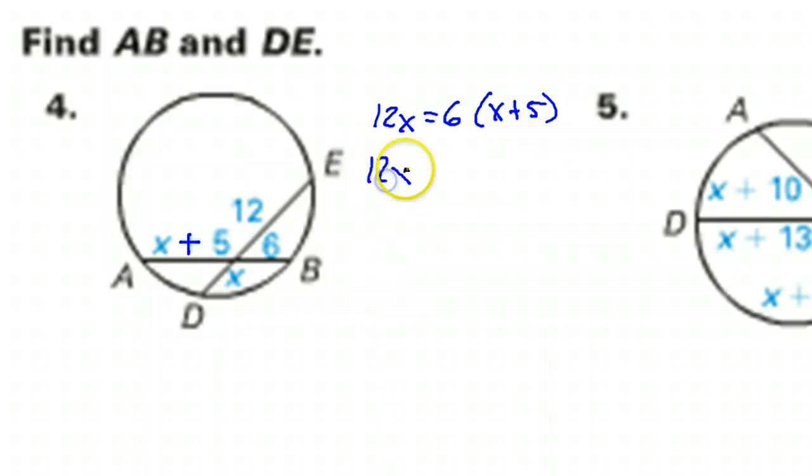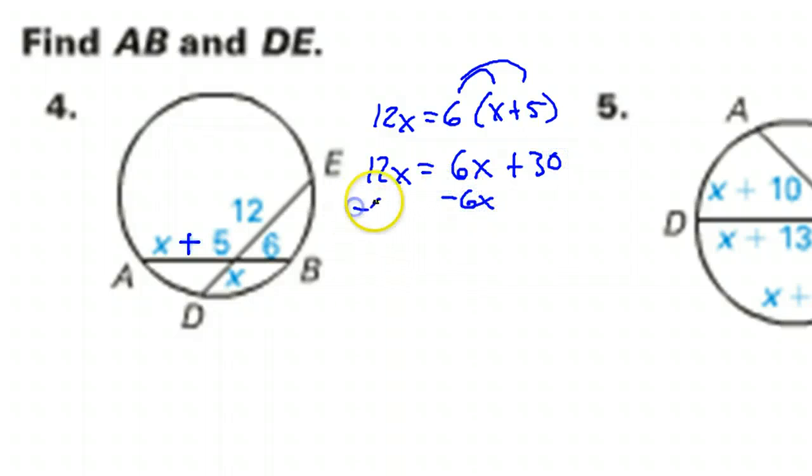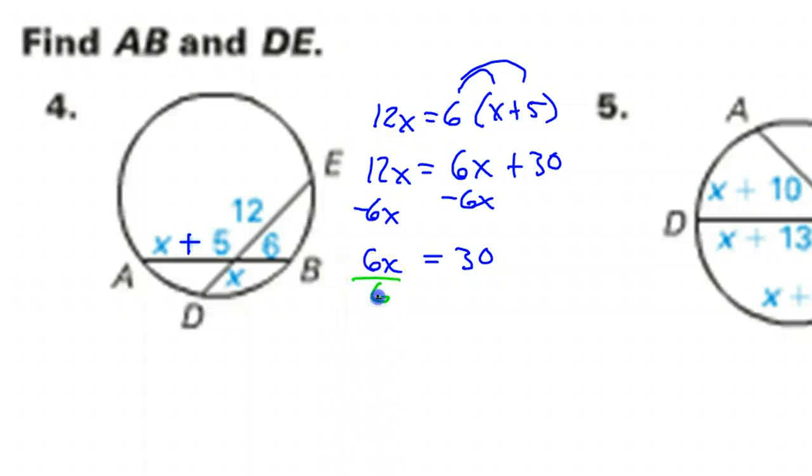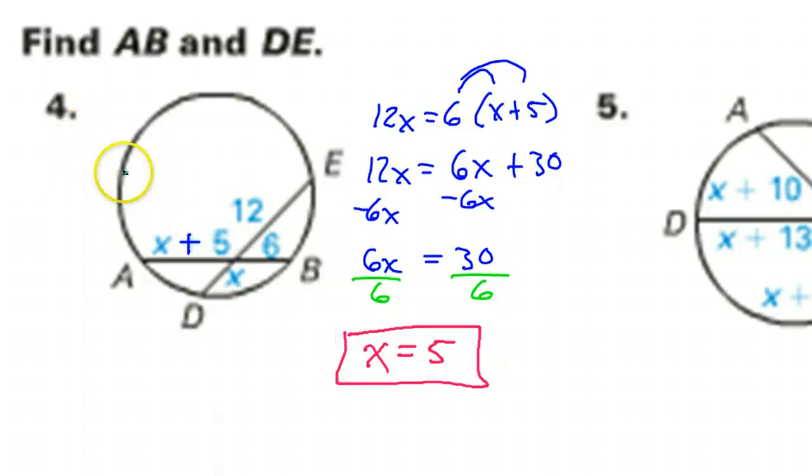So that's 12x equals, and we're doing the distributive property, so 6x plus 30. Subtract the 6x from both sides, and you'll get 6x equals 30. Then you divide both sides by 6. And you get x equals 5. And that's the answer to number 4.